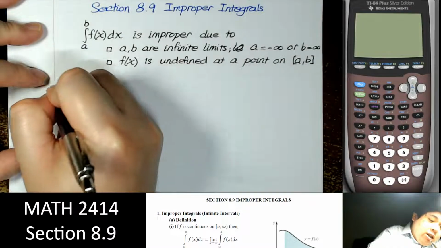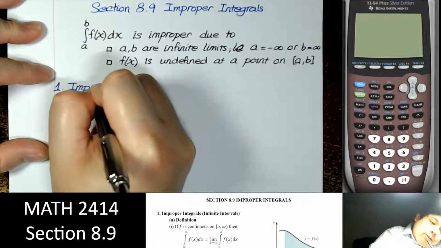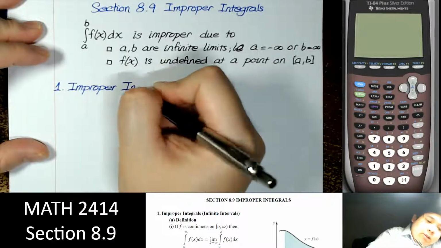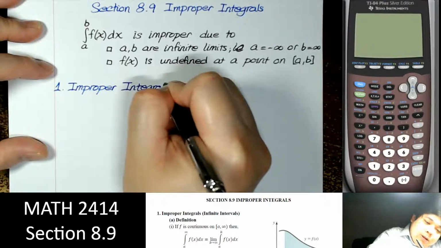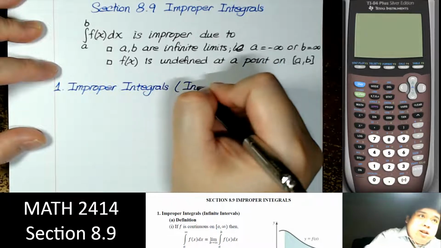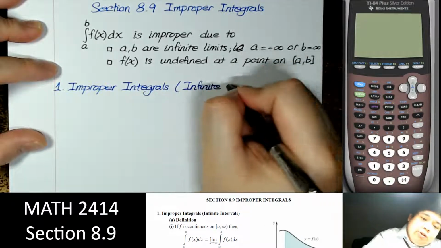So the first reason for an improper integral is because of infinite intervals.